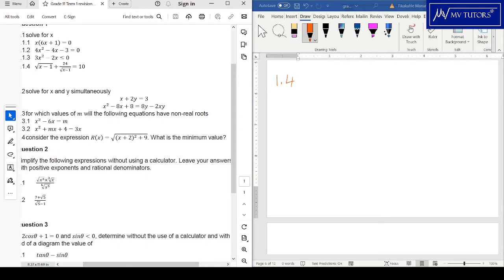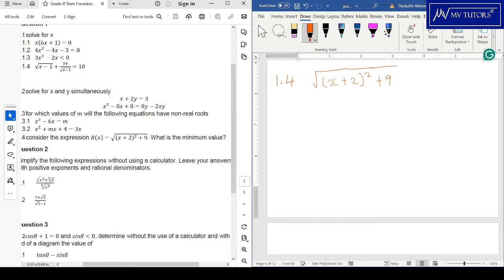So here we want the minimum value of Rx. That means we want the minimum value of this whole expression, the whole expression of x plus 2. We want to know what is its minimum value.